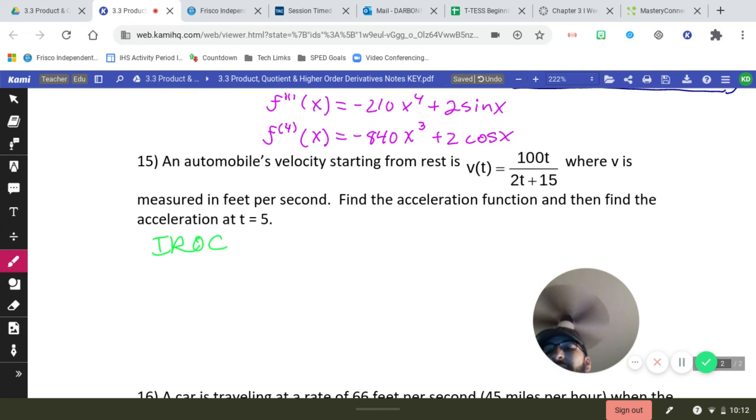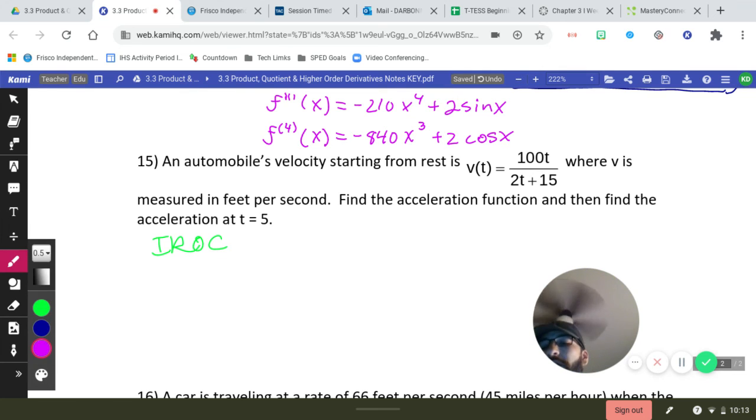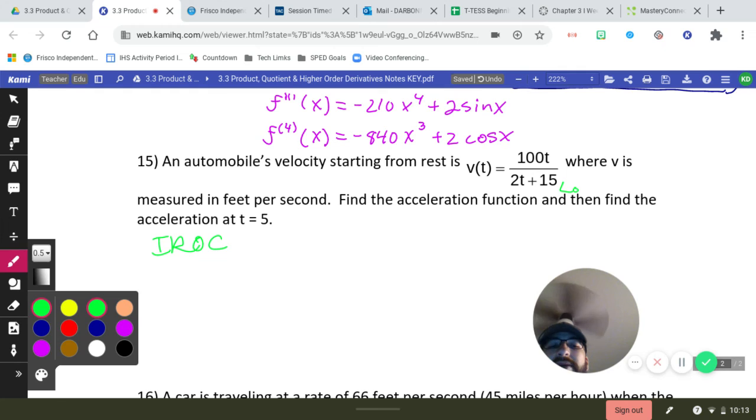This is a quotient rule, so we're going to be doing low d high, so low and high. Our derivative of 100t would be just 100. Our derivative of 2t plus 15 would be just 2. Then we're cross multiplying.